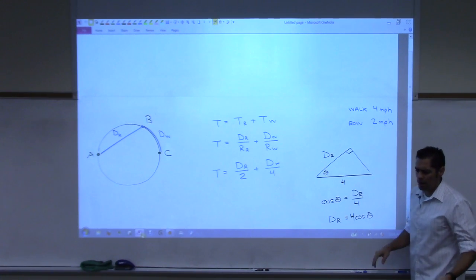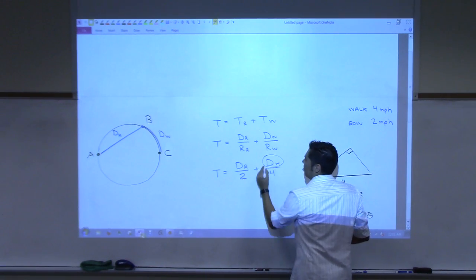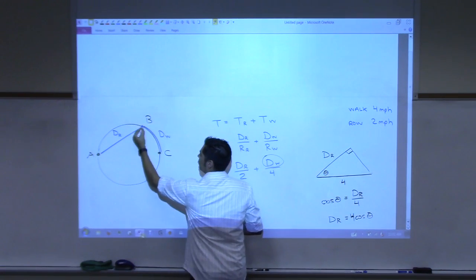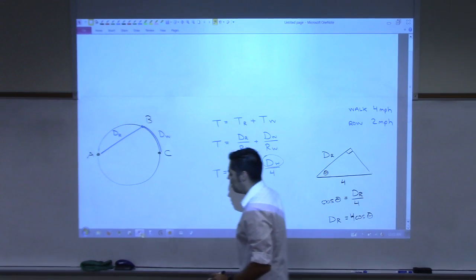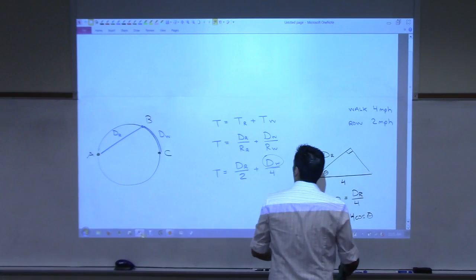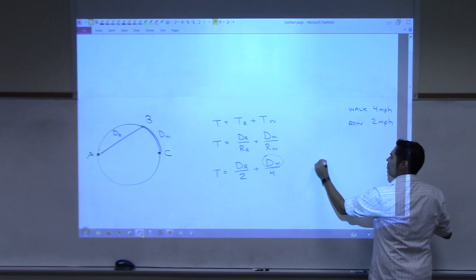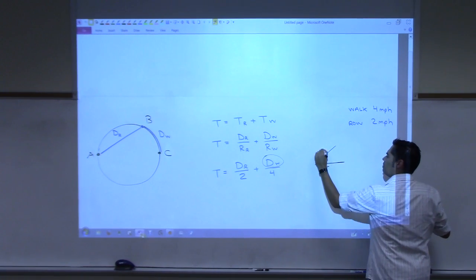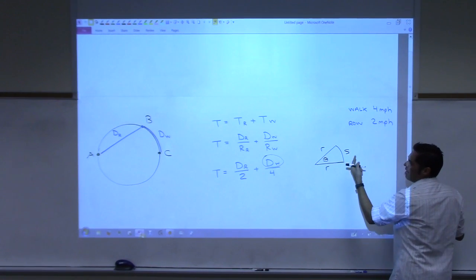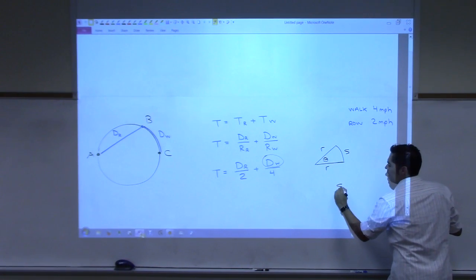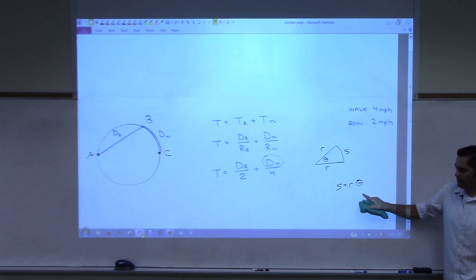And we were now going to try and figure out what the distance she walks is, and that turns out to be this arc. So what we need to do is figure out the arc length, and I had written out a formula for arc length. The formula for arc length was, if you have r, and this is theta, and this s is the letter that we used in pre-cal: s is equal to r theta, where theta has to be in radians to use this formula.